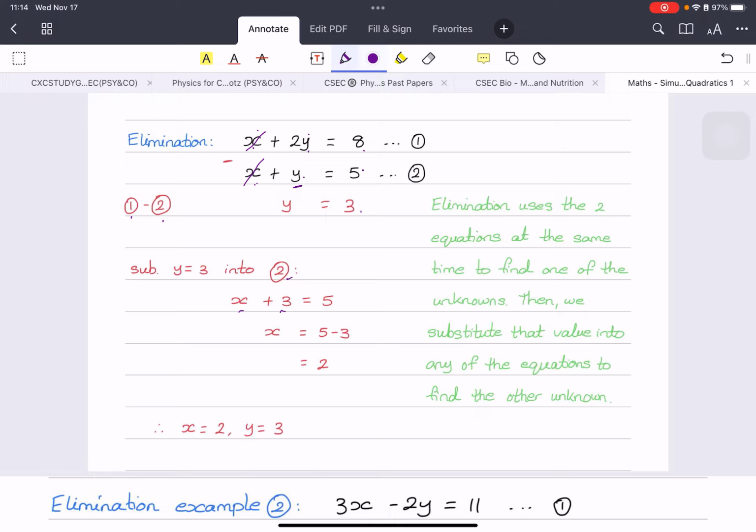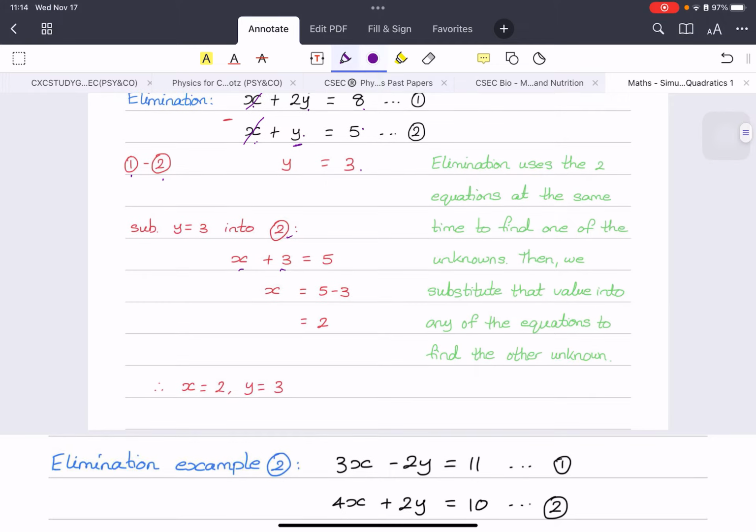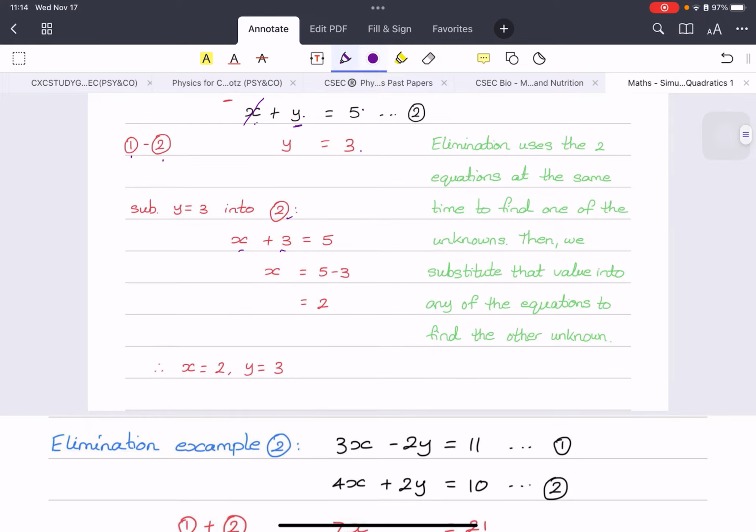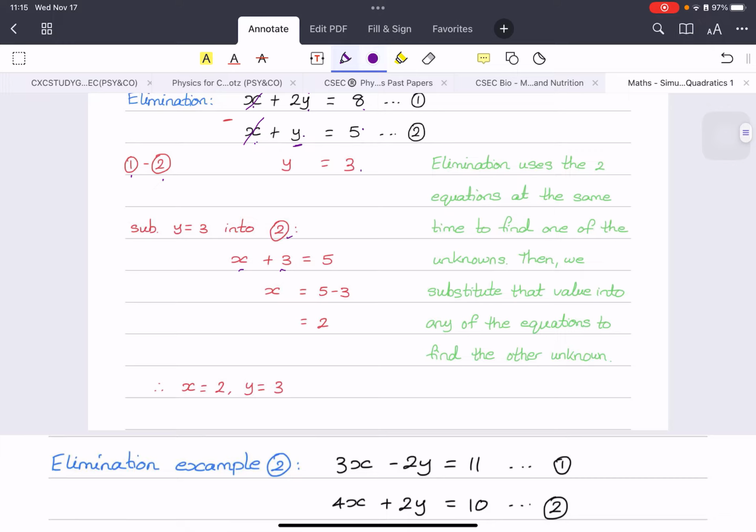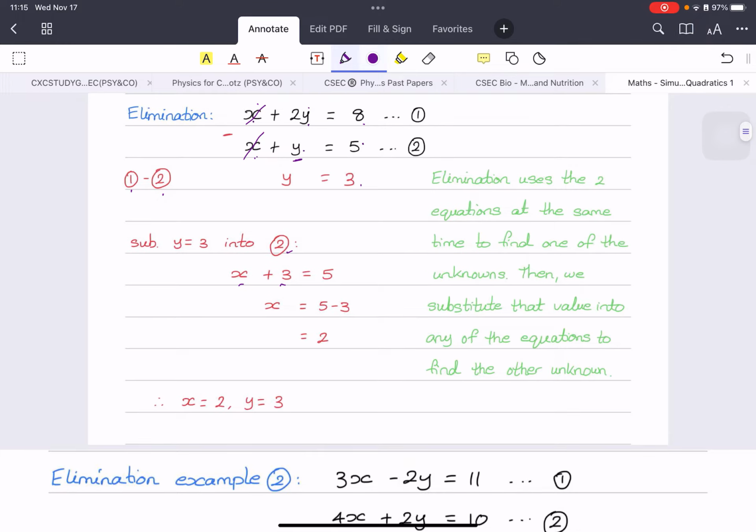Right, x plus 3 equals 5, and then we solve it like a regular algebra. X is equal to 5 minus 3, which is 2. And so we are finished. We found y, we found x equals 2, y equals 3. Okay? And remember, we could have substituted it into any of the equations, right? If we did it in one, we would have gotten the same answer.